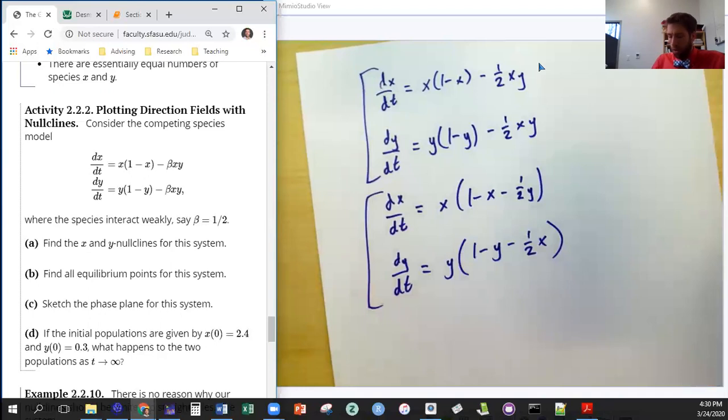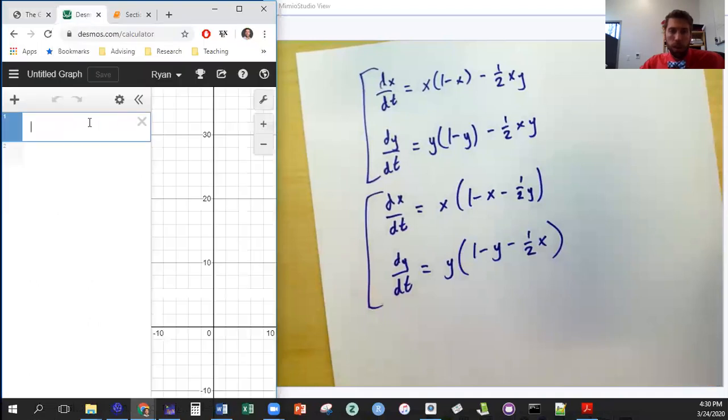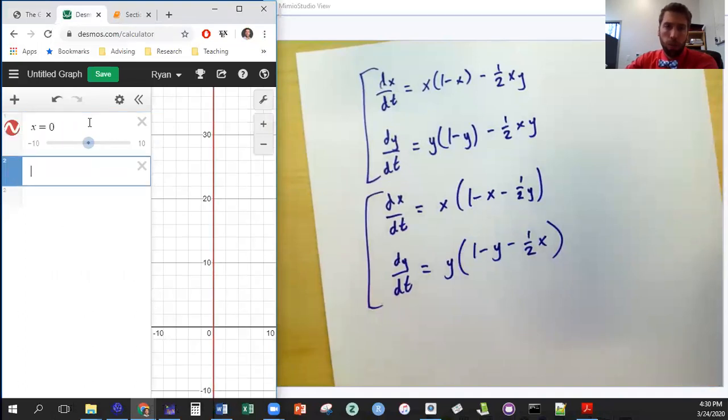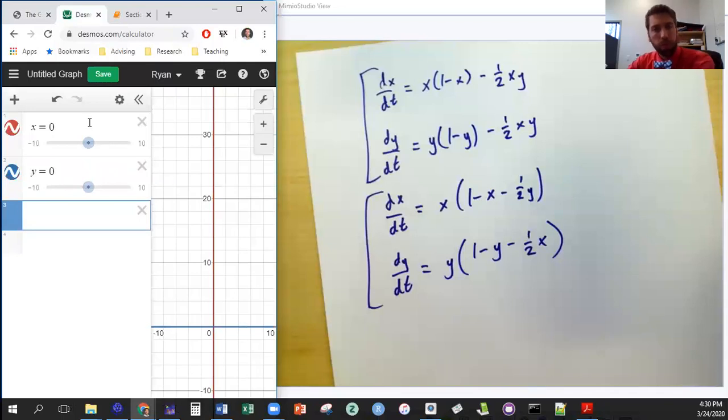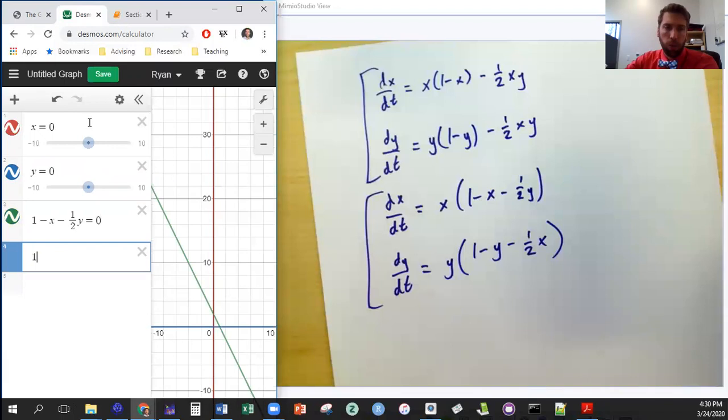Let's graph those lines on Desmos. I'm going to set x equals 0 and y equals 0, and 1 minus x minus 1/2 y equals 0, and 1 minus y minus 1/2 x equals 0.